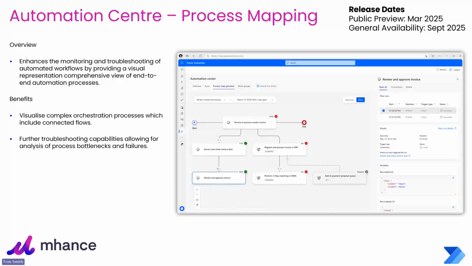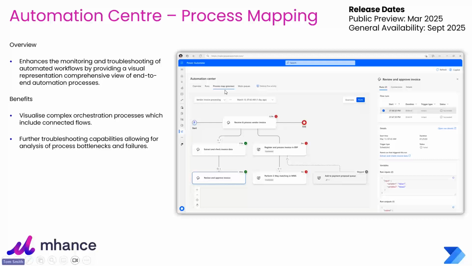So sticking with Power Automate, last year we had the new automation center introduced, and a really handy feature we're starting to see is process mapping. When you're within the automation center, you should see a new icon called process map.